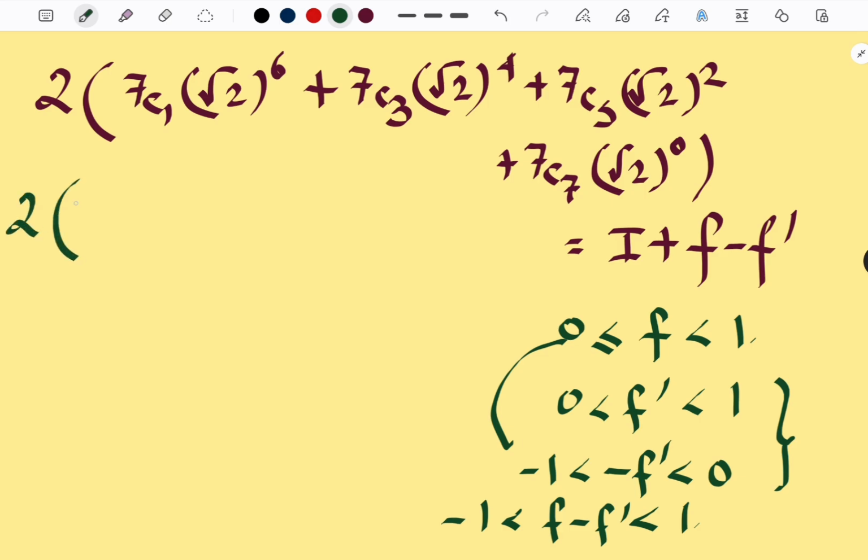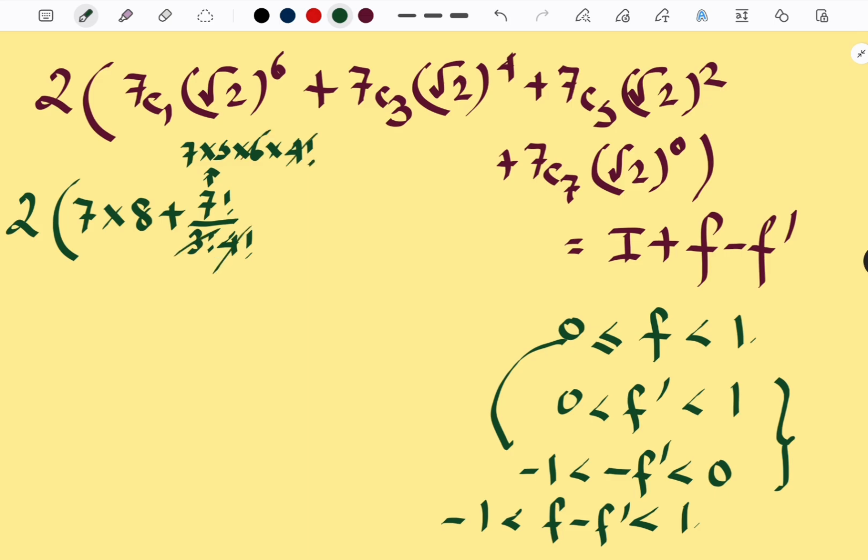Now see, this has some value. 2 times 7C1 is 7, (√2)^6 is obviously 8, plus 7C3 can be written as 7 factorial by 3 factorial and 4 factorial. So 7, 5, 6, 4 will get cancelled. How? This will be written as 7·6·5·4! over 3!·4!, and 4! will get cancelled.